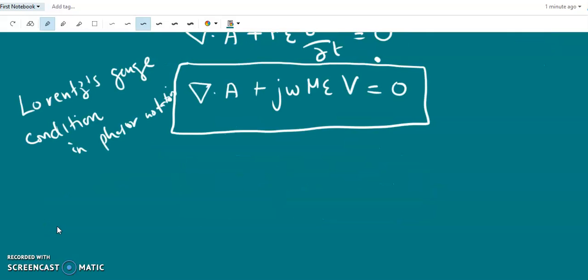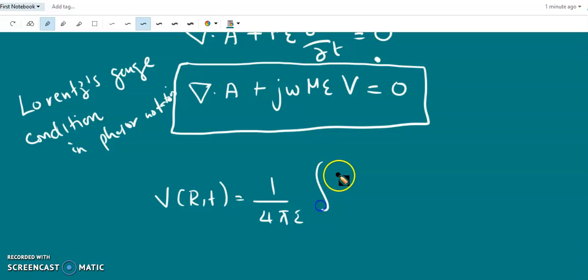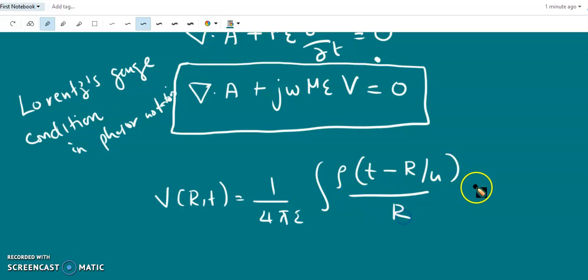Now we can get the expression for the retarded scalar and vector potential due to time harmonic sources. So we know that the retarded scalar potential is given by V of r, t is equal to 1 by 4 pi epsilon integral rho of t minus R by u divided by R dV prime.